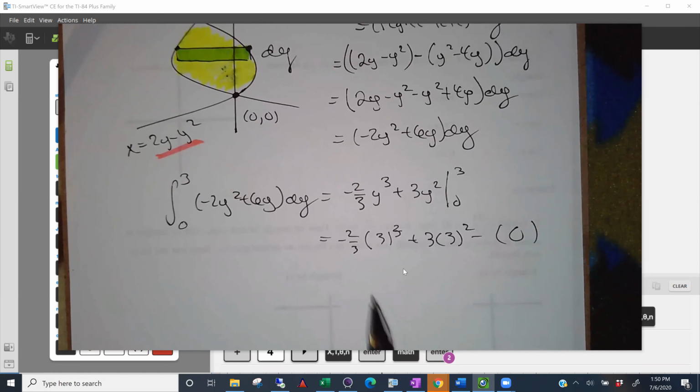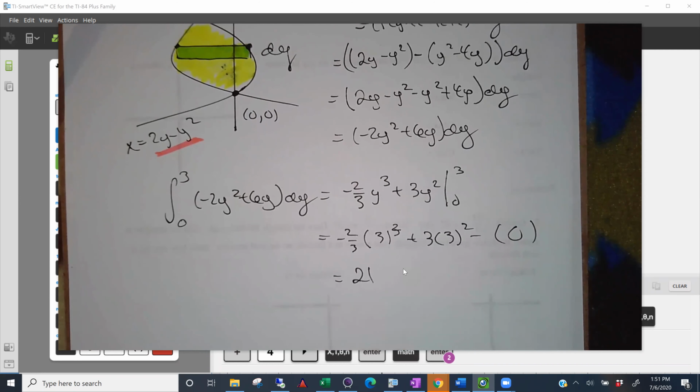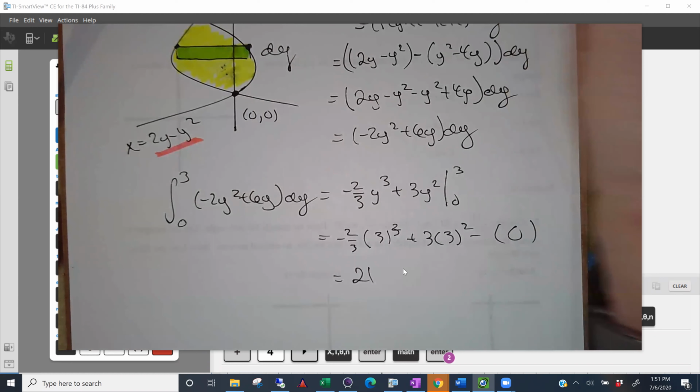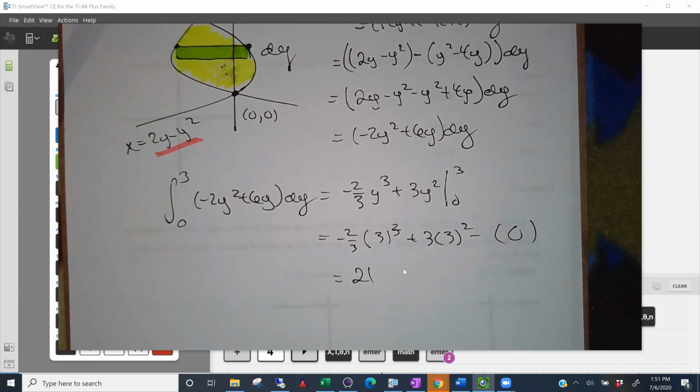So let's see, that's going to be negative 6 plus 27. I'm getting 21. All right. Not bad. Not bad. How are we looking on that one? Good. All right.